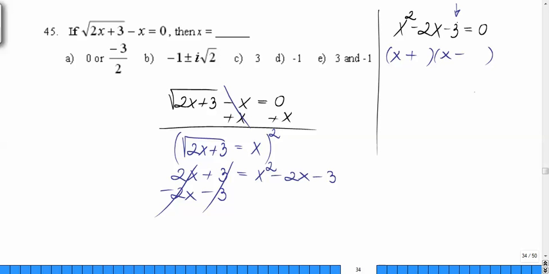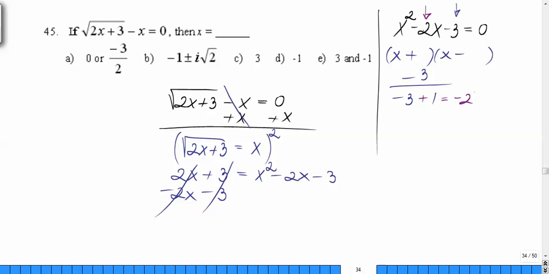Now to check what could be in each one of the parentheses, I'm looking for factors of negative 3. And obviously one pair could be what? Negative 3 and 1. Negative 3 times 1 is negative 3. Now I will check the middle term here, which is negative 2. And if negative 3 plus 1 equals negative 2, then I'm done.